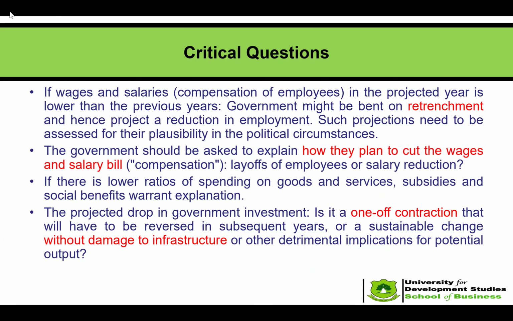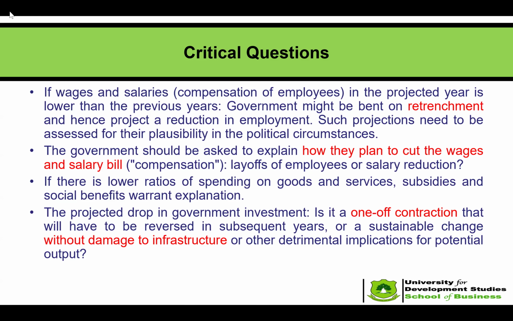So, for instance, if you look at the wages and salaries, if government's current budget for wages and salaries is lower than the previous year. So you just look at the current year budget, how much government is proposing as wages and salaries, which is always available in the budget, and look at how much it spent in the previous budget.